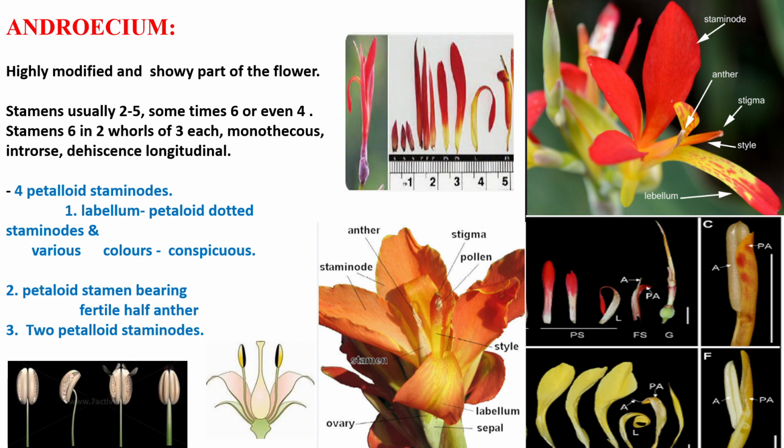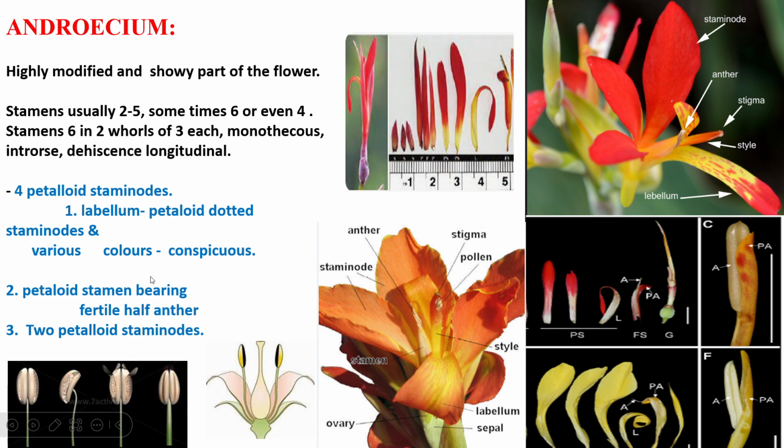Stamens are monothecous. Monothecous means anthers having single lobe. Then introrse. Introrse means the grooved ventral side of the anther usually faces towards the gynoecium or the center of the flower. That means anthers face towards the center of the flower. Here we can see 4 petaloid staminodes.